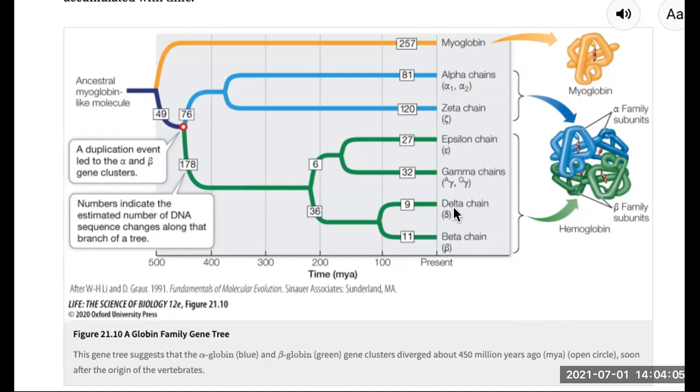Once you have a duplicate of this specific gene, you could start to accumulate mutations in one of those gene sequences, maintain that function, and you might have different mutations in the other gene sequence.